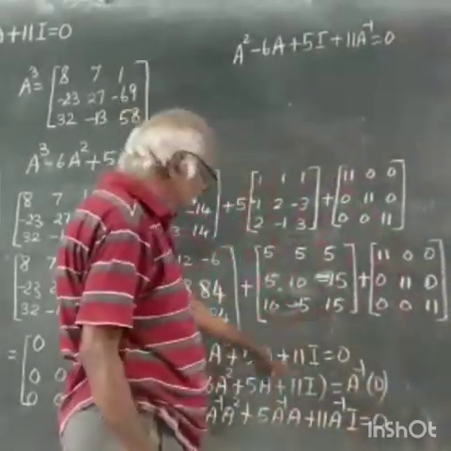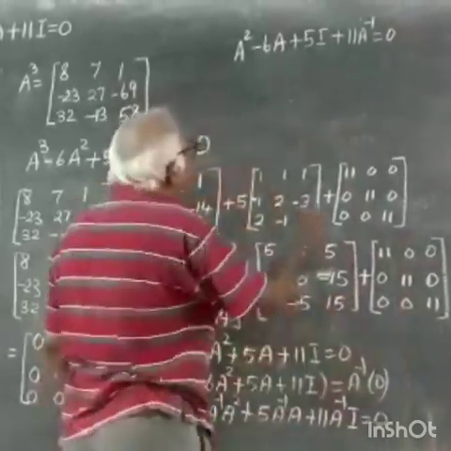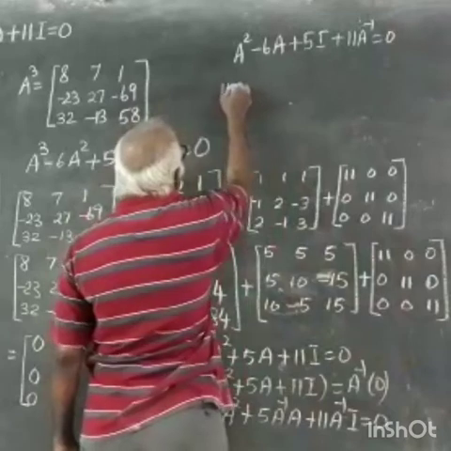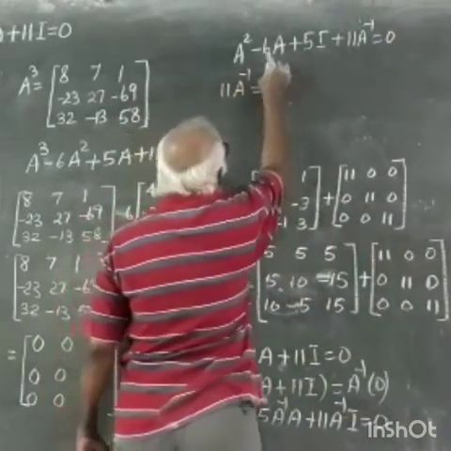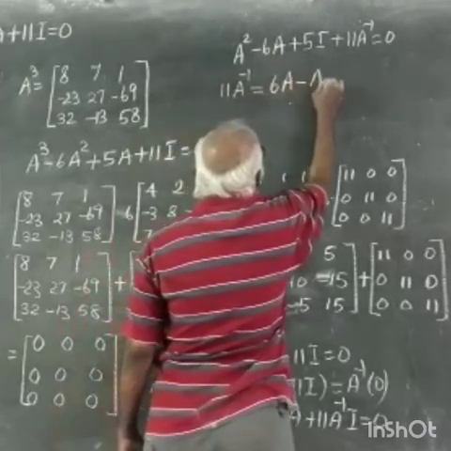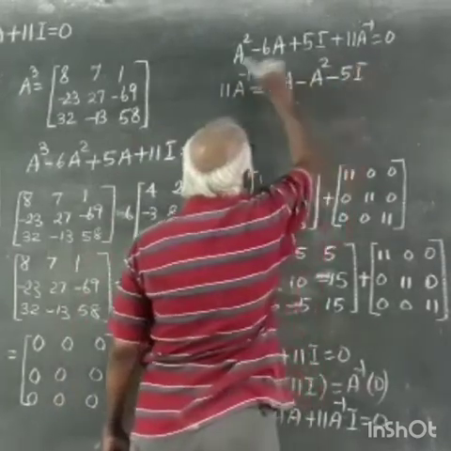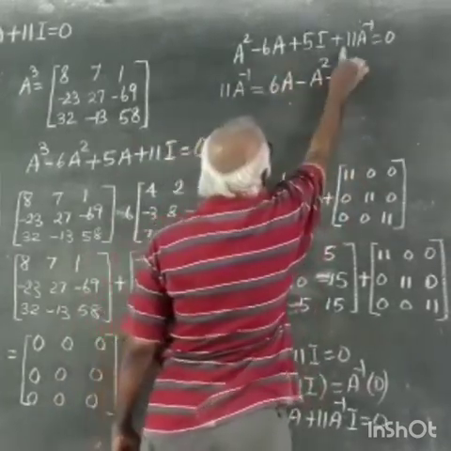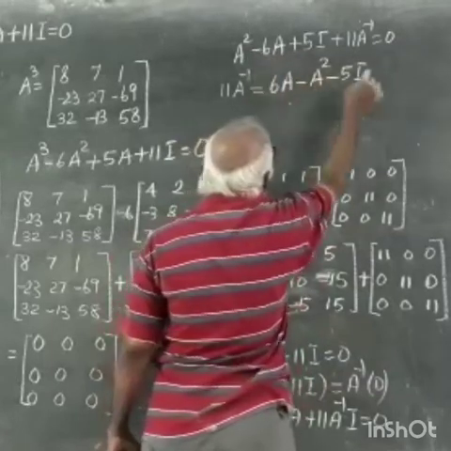Okay? A inverse into identity matrix is A inverse. Now what is the 11 A inverse? It is equal to 6A minus A square minus 5I. This goes to that side.